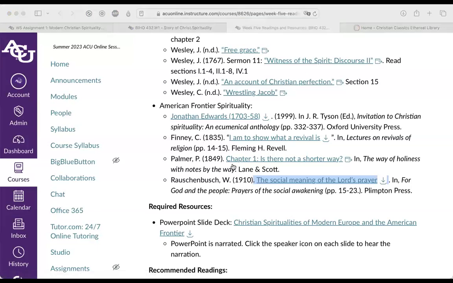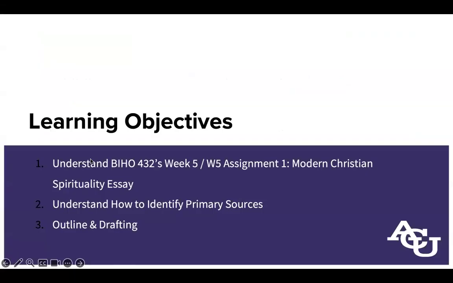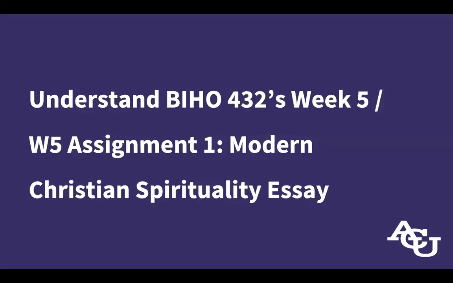All right, let us review what we've looked at. So we started with a discussion about proofreading and looking for things that stood out as conspicuously incorrect or not specific to this particular assignment. And so we looked at the assignment from BIHO 432.